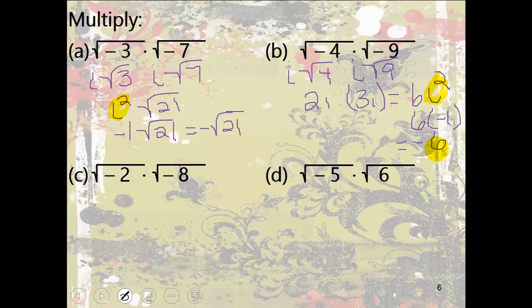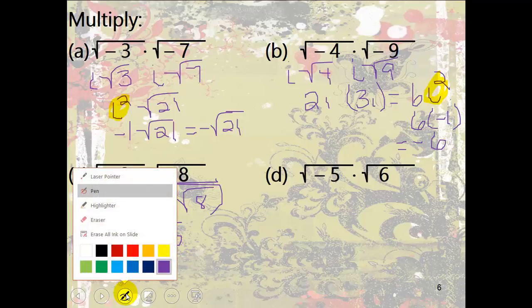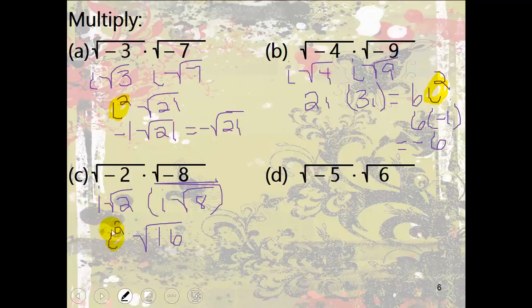I'm going to simplify negative square root of 2. That becomes i times the square root of 2 times i times the square root of 8 gives me i squared times the square root of 16. i squared becomes negative 1.